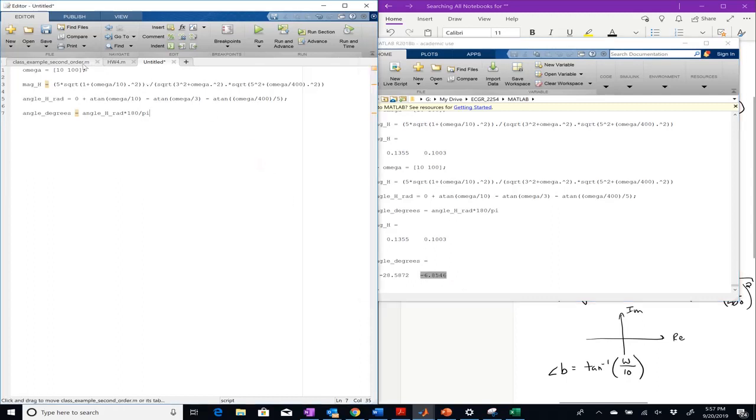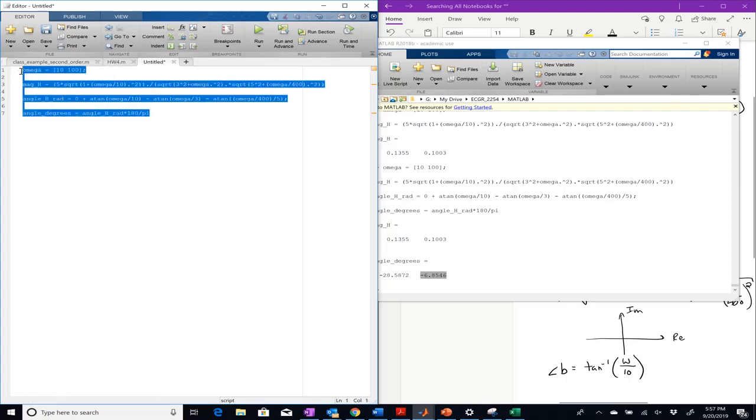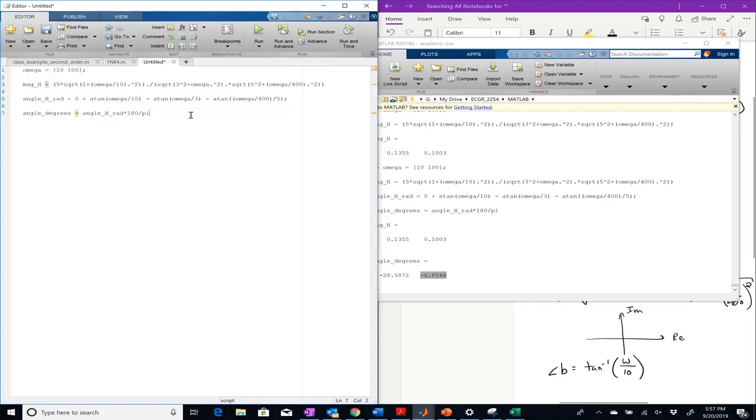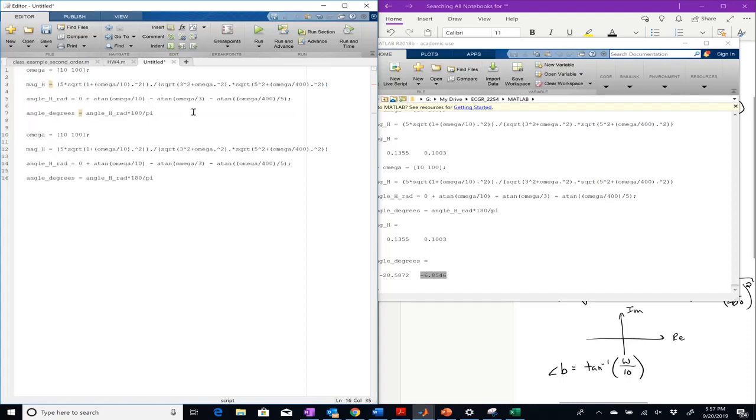All right. Now, you could have done this in a simpler way, right? If I wanted to, I could have done something like this. If I wanted to do it one at a time, I could just say omega equals 10. Then I don't need these dot divides because I just have one number that I'm playing with.